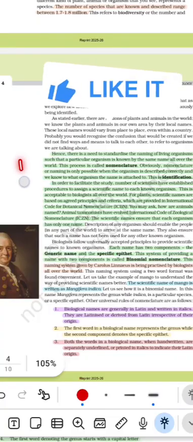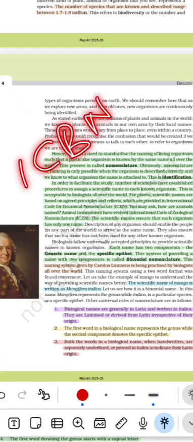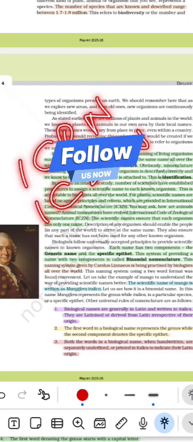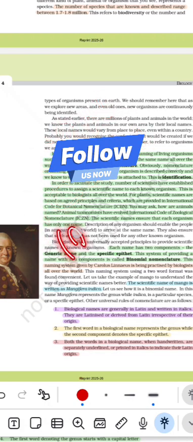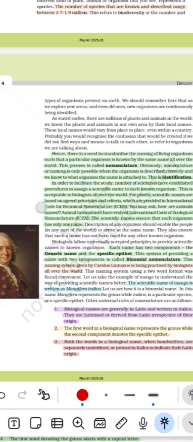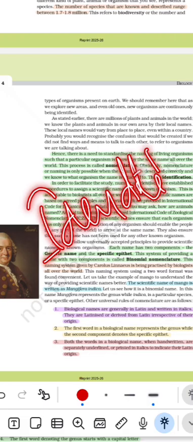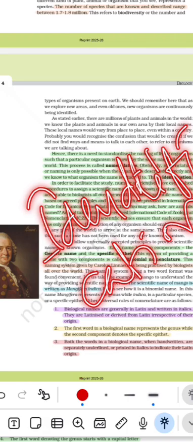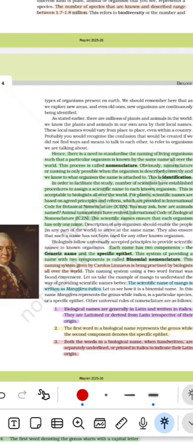In the first lecture we discussed ICBN, ICZN, the importance of nomenclature, what is identification, the number of species we have discovered, and the full forms of these two, ICBN and ICZN.